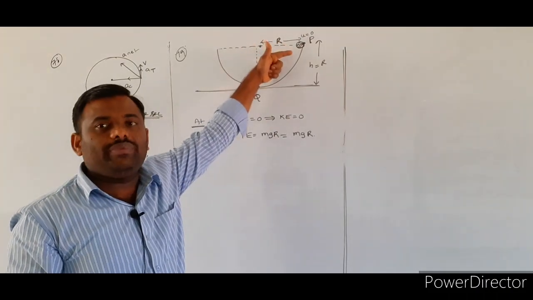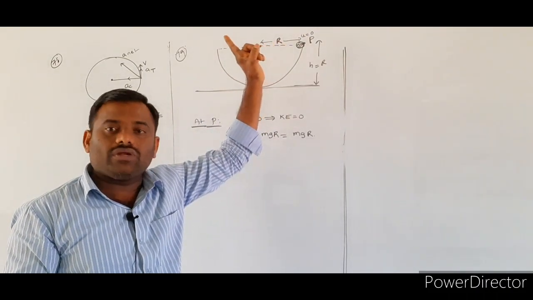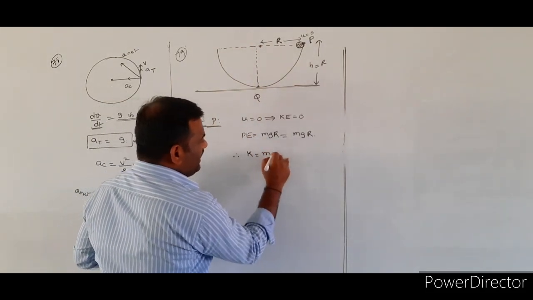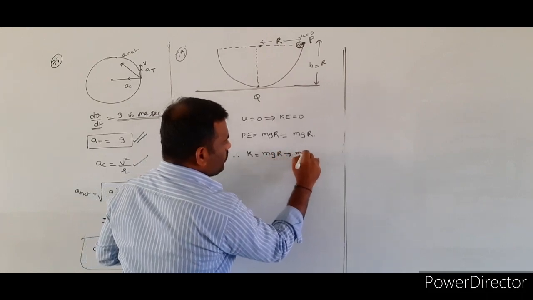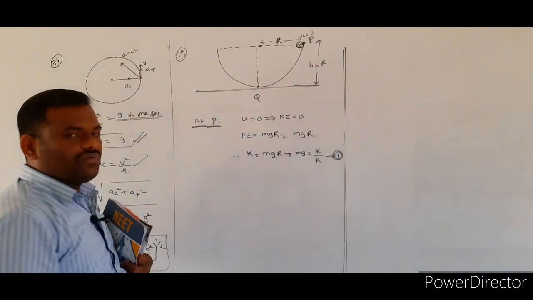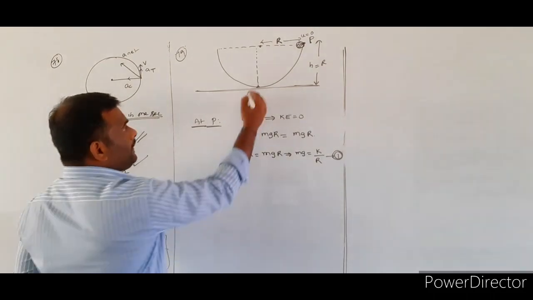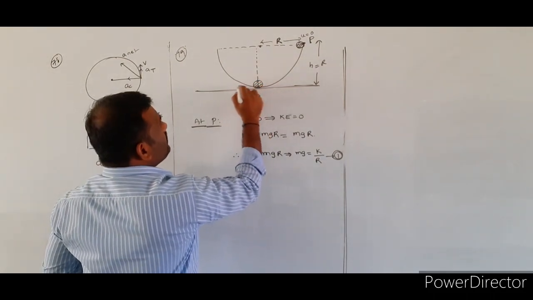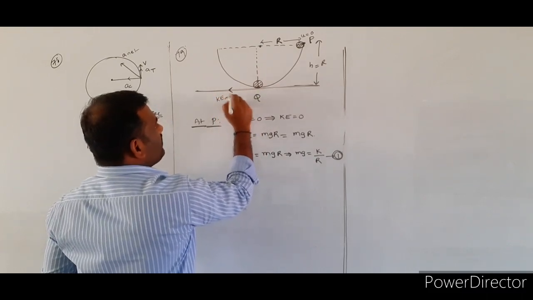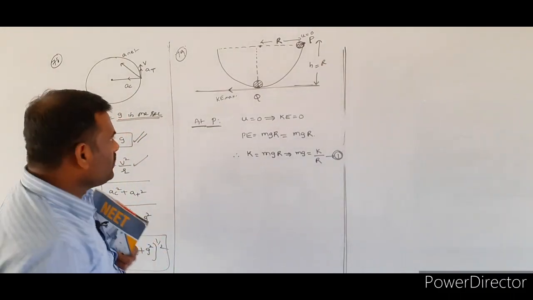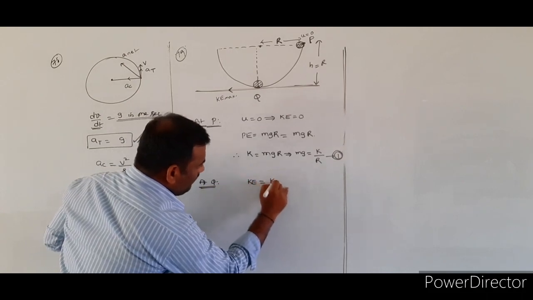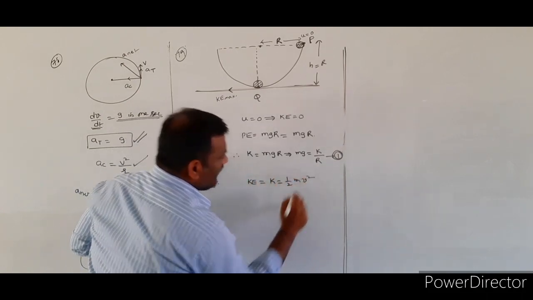Its total initial energy will be capital K. Therefore, the total kinetic energy is equal to potential energy, K is equal to mgR, so that mg value is equal to K by R. Now, whenever the ball reaches the point Q, kinetic energy value becomes maximum. So at the point Q, kinetic energy value is represented by capital K, that value is equal to half mv square.